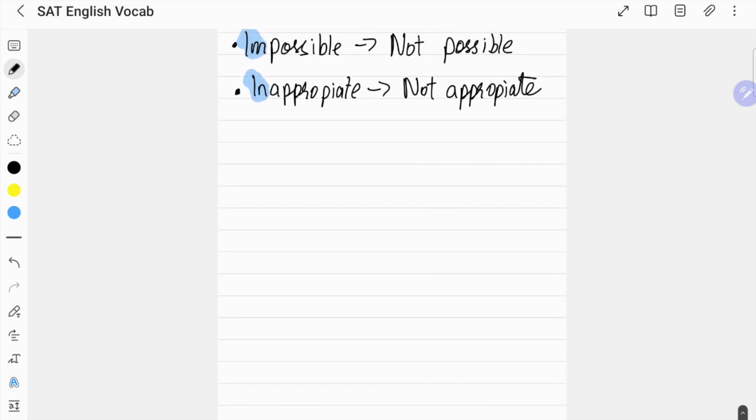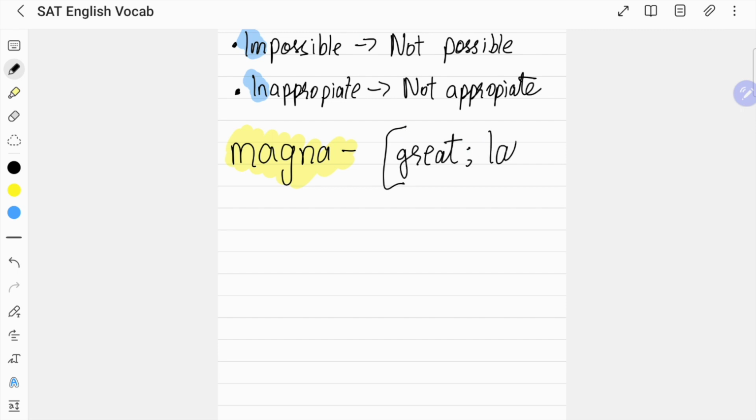Alright, another word we can use is, another root word, we can use is magna. A pretty simple one actually, which normally means great or large. Let's take a word magnificent.